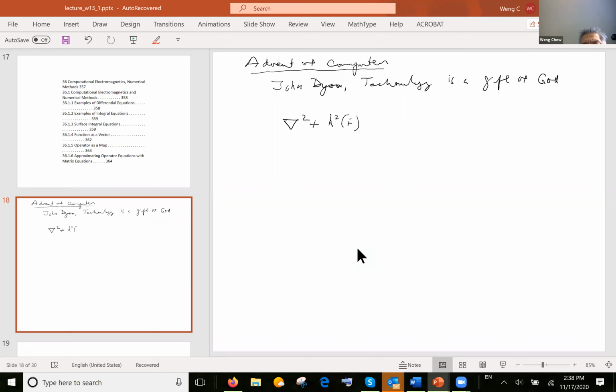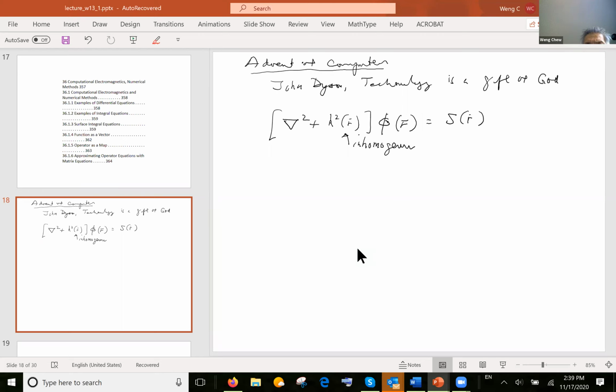Let's think of a problem that is not solvable ordinarily. That is, if you have a wave equation where we have a source, when this is inhomogeneous. If this is a constant, of course, we know how to use the Green's function technique to solve this problem. But if this is inhomogeneous, then we don't really know how to do this using any closed form or Green's function technique.